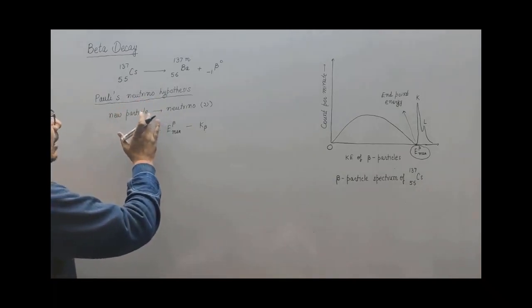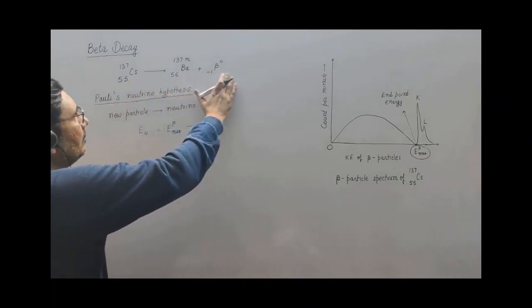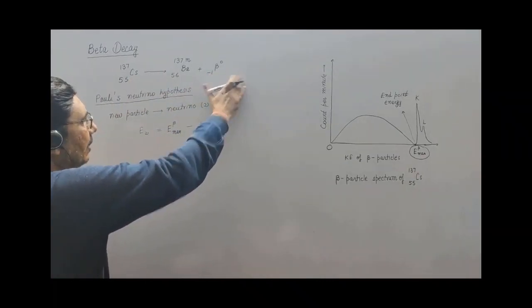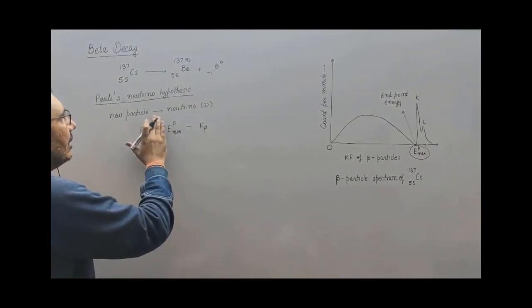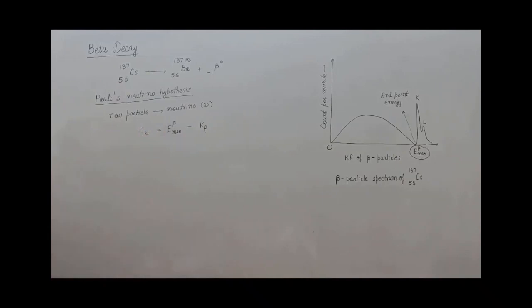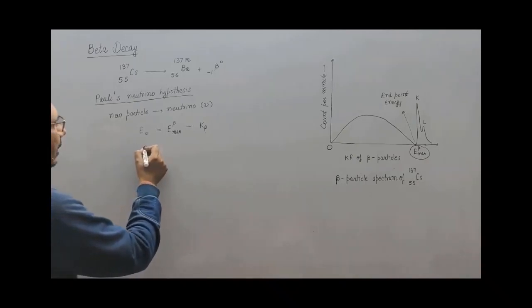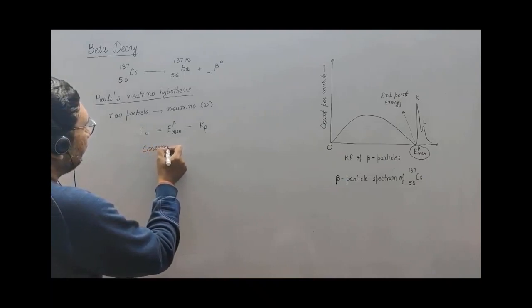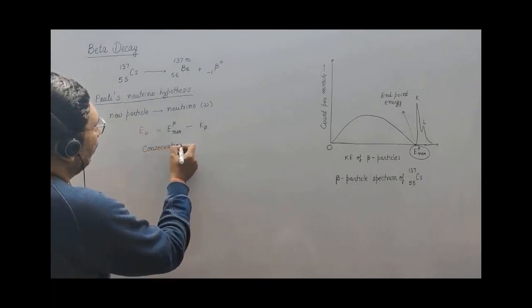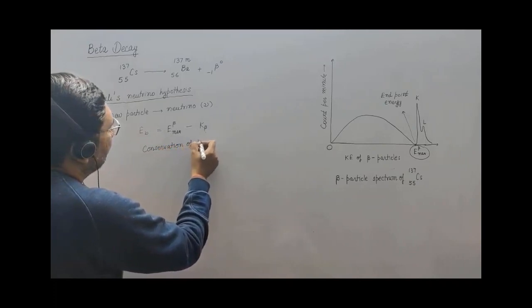By saying that this neutrino is emitted along with the beta particle, this hypothesis was satisfying the conservation of energy principle. So with the help of this neutrino particle, he explained the conservation of energy principle.